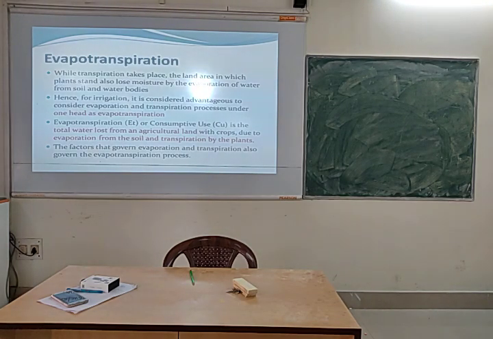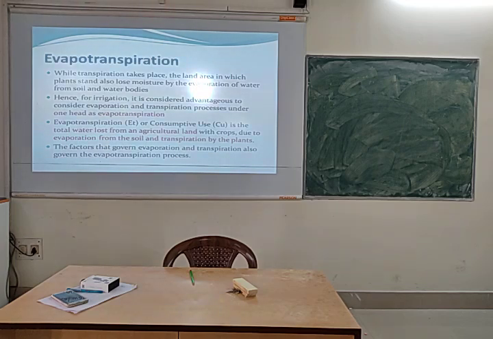Evaporation and transpiration together is evapotranspiration. So while transpiration takes place, the land area in which the plant stands also loses moisture. If you are having trees standing on land, evaporation is occurring from the land itself, and transpiration is occurring from the leaf itself. So both phenomena are happening at the same time.